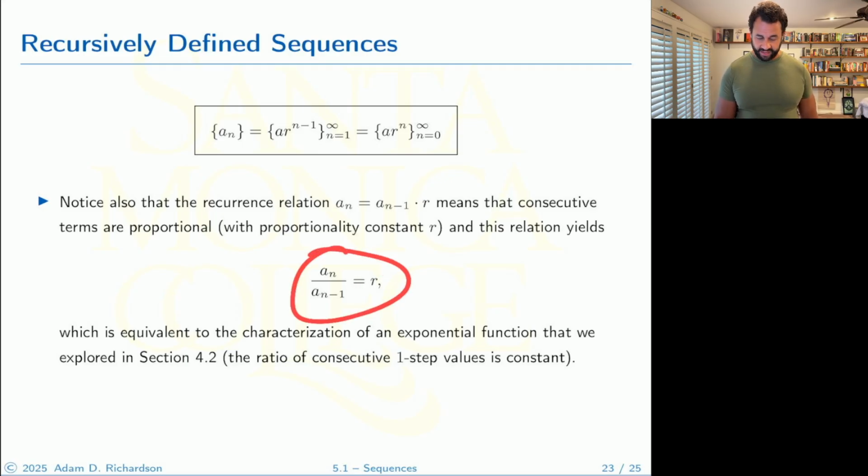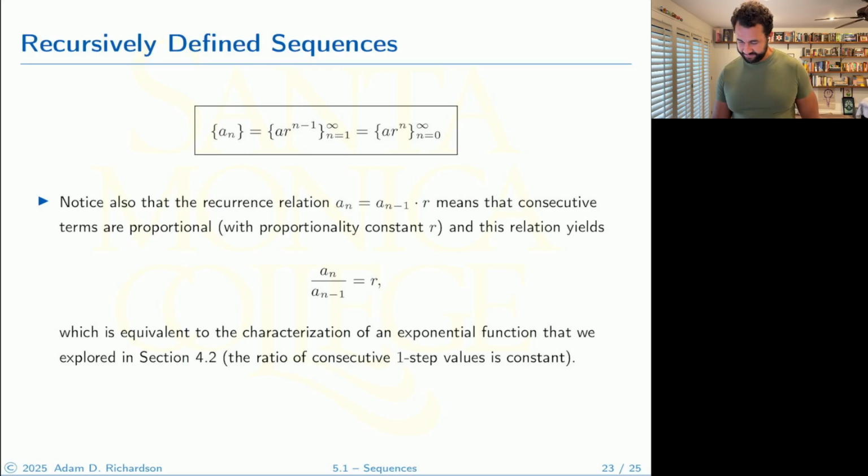So here you have that characterization of an exponential function showing up again, right? an divided by an minus 1 is r, and that's the common ratio characterization of an exponential function. Cool, huh? So you've got arithmetic sequences, which are linear functions, and you've got geometric sequences, which are exponential functions.